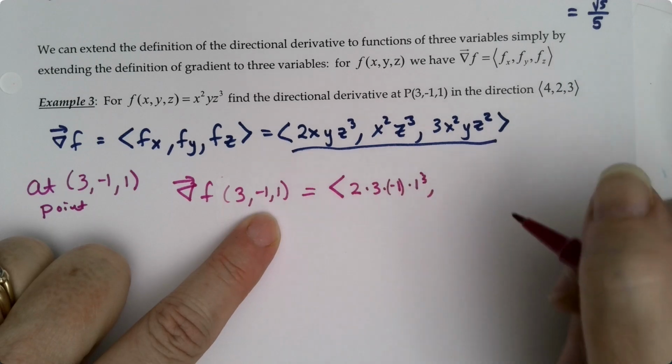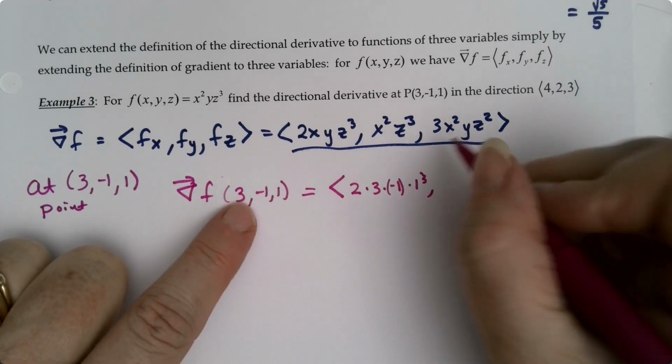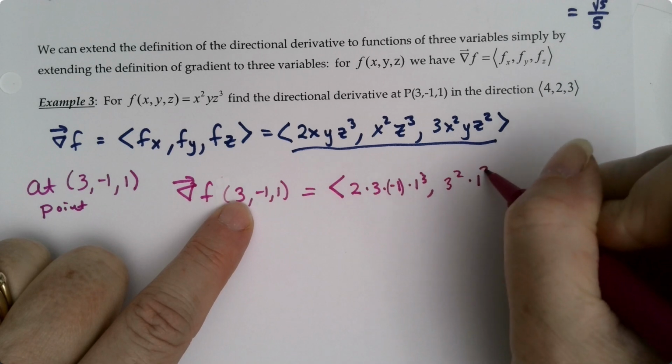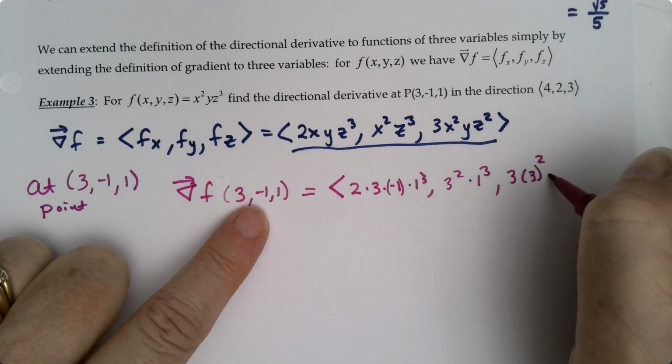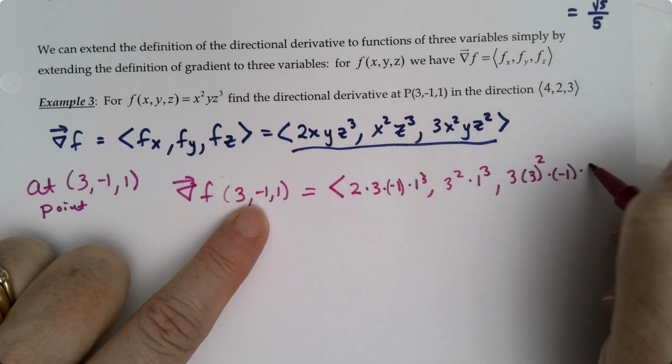I'll put parentheses around the negative 1 there. And then 3 squared times 1 cubed. And then 3 times 3 squared times negative 1 times 1 squared.